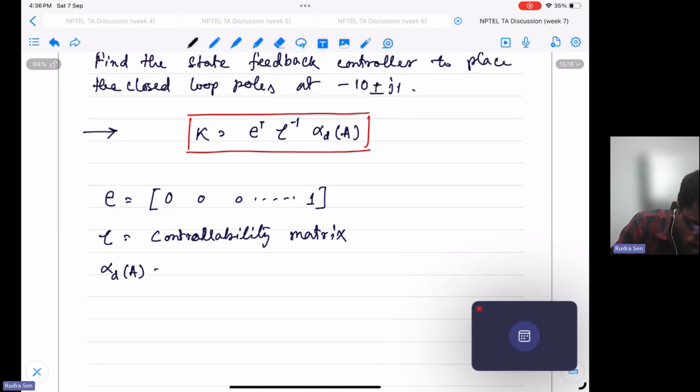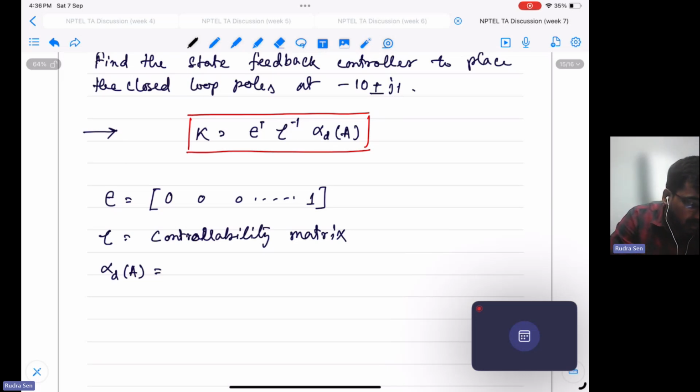Alpha D of A. We have seen in the Cayley-Hamilton theorem that a square matrix basically satisfies its characteristic equation, right?